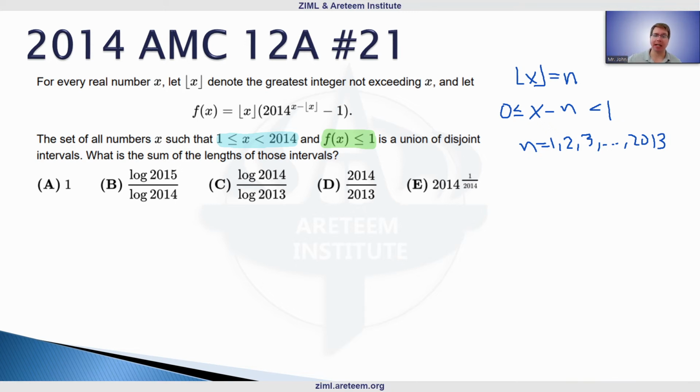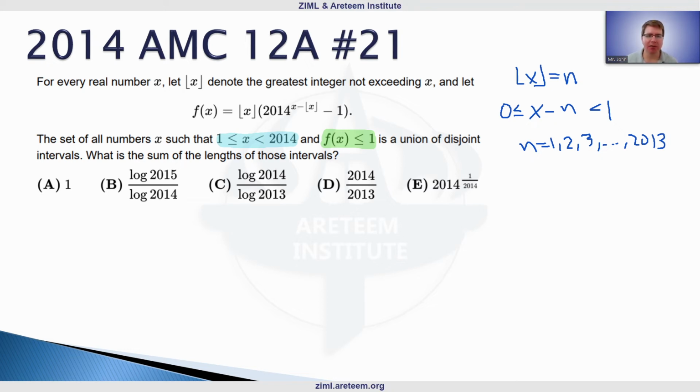Keeping in mind, I'm saying floor of x is n. We know n is an integer ranging between 1 and 2013. Of course, if the floor of x is n, that's telling us the range of x values that we have there. I'll come back to that in a second.